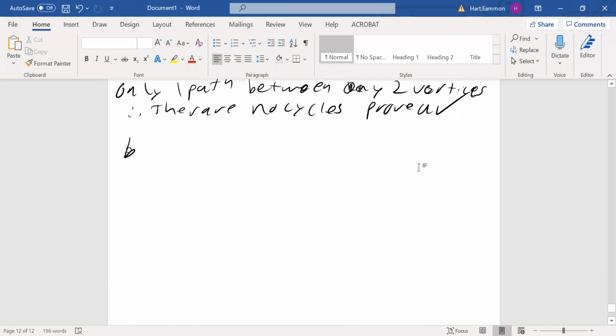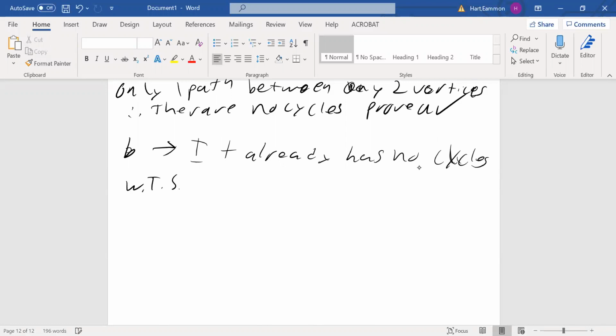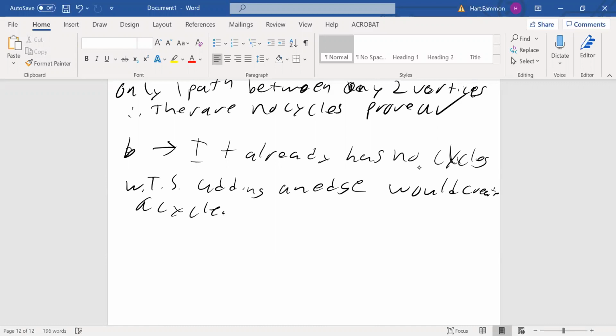So all I have to do is prove that if I add an edge, it would create a cycle. So our graph G here is connected.